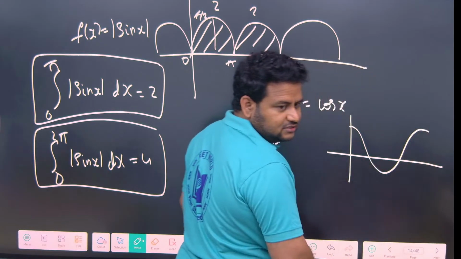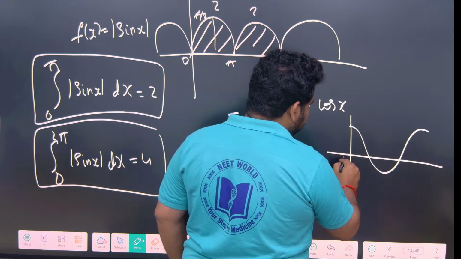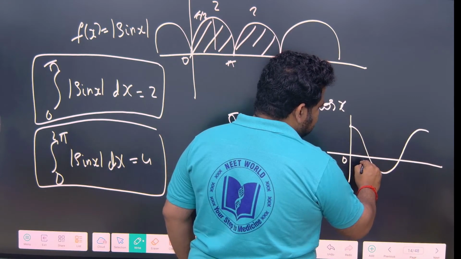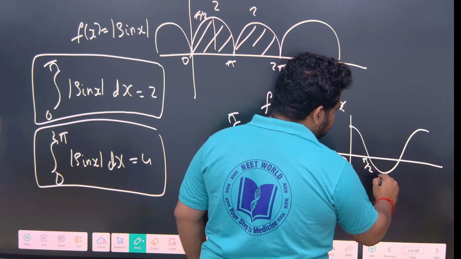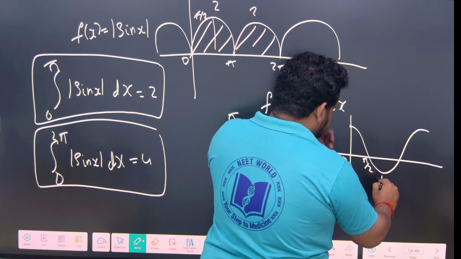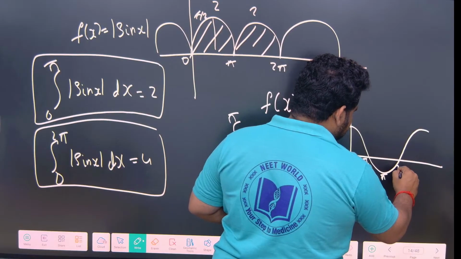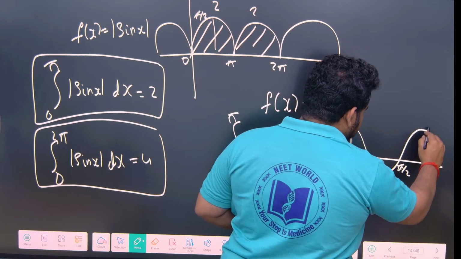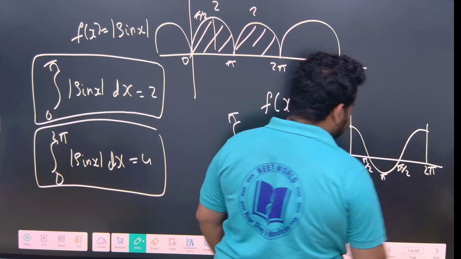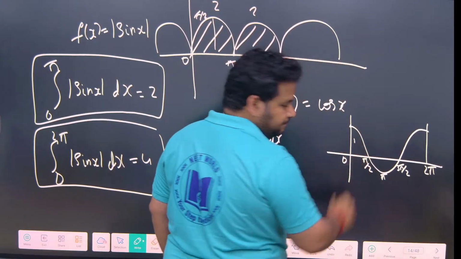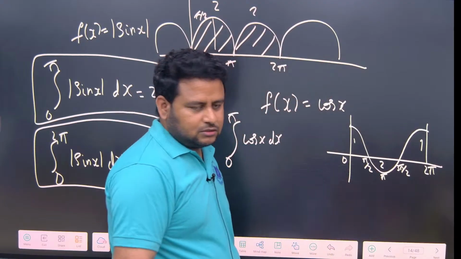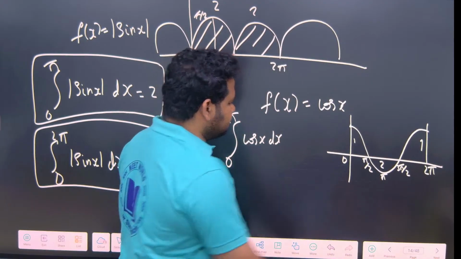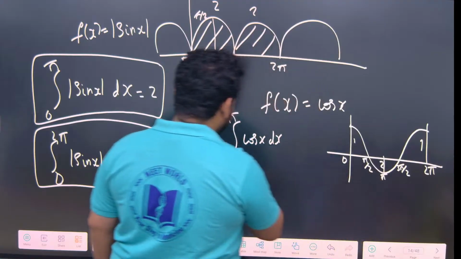This is 0, this is pi by 2, this is pi, this is 3 pi by 2, this is 2 pi. I told you this value is 1, this value is 1, this value is 2, this value is 2.